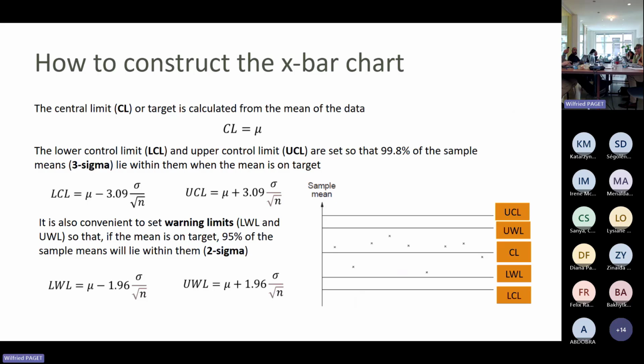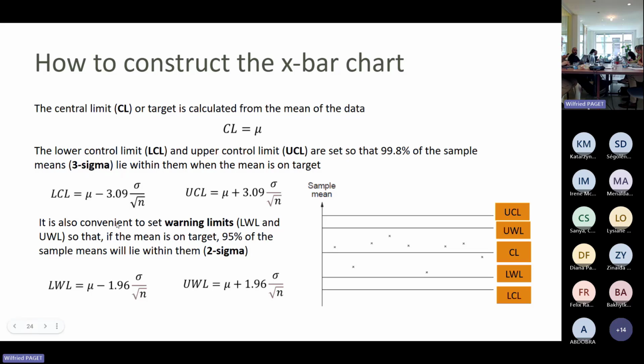Of course, we need to compute what we call the limits of variation, and these limits can be of 2 types: the lower control limit and the upper control limit. In this case, if you remember the normal distribution, we use the variation between the mean plus 3 standard deviations, or the mean minus 3 standard deviations.